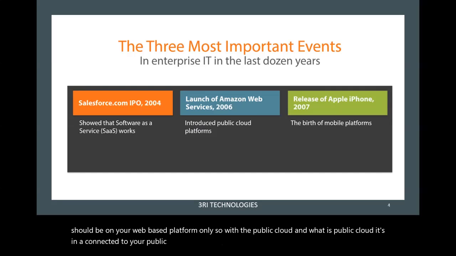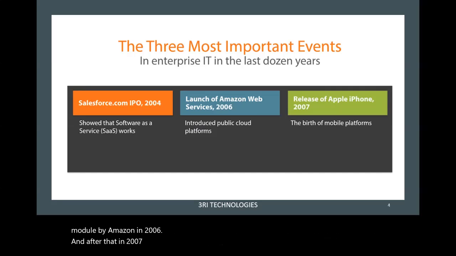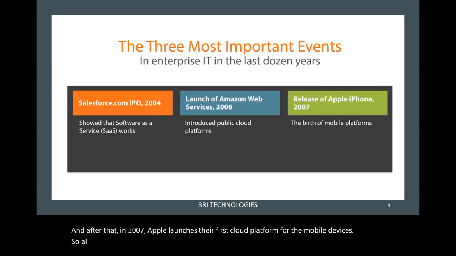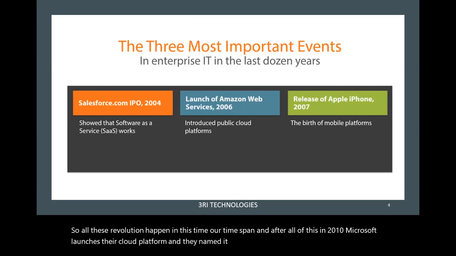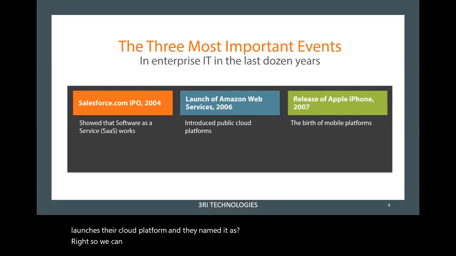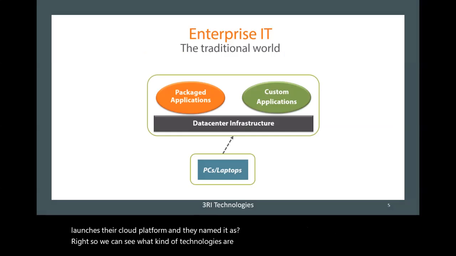After that, in 2007, Apple launched its first cloud platform for mobile devices. All these revolutions happened in this time span. And in 2010, Microsoft launched their cloud platform, which they named Azure. So we can see what kind of technologies Azure is providing.